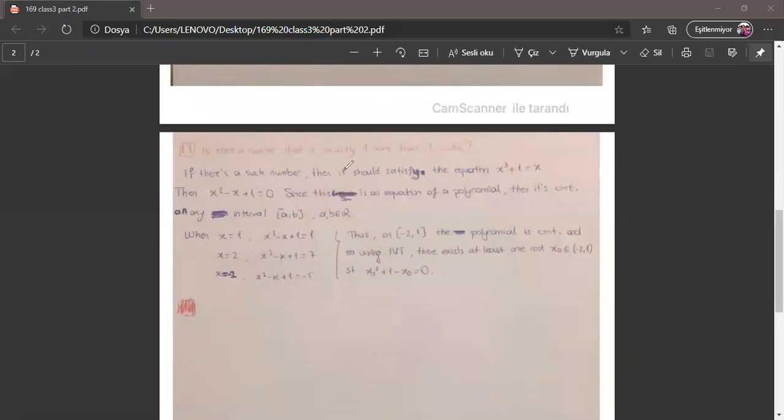Now here we have this question. We are looking for a number such that its cube plus one is exactly itself.